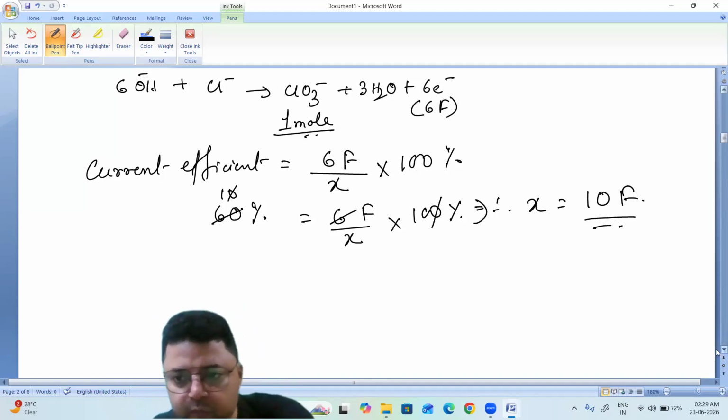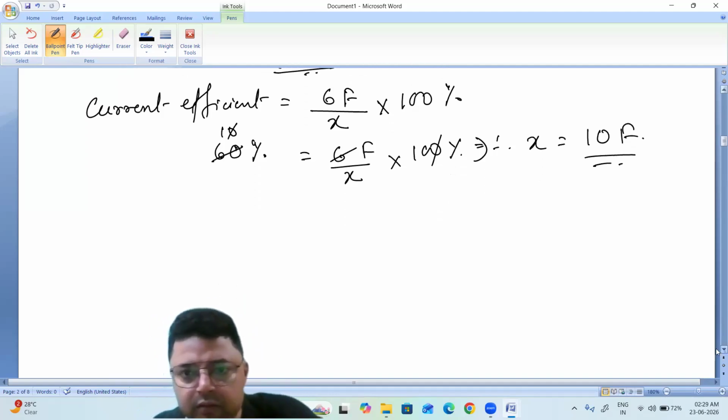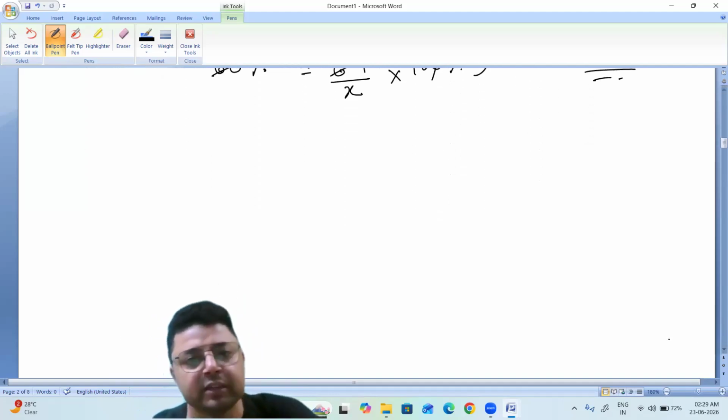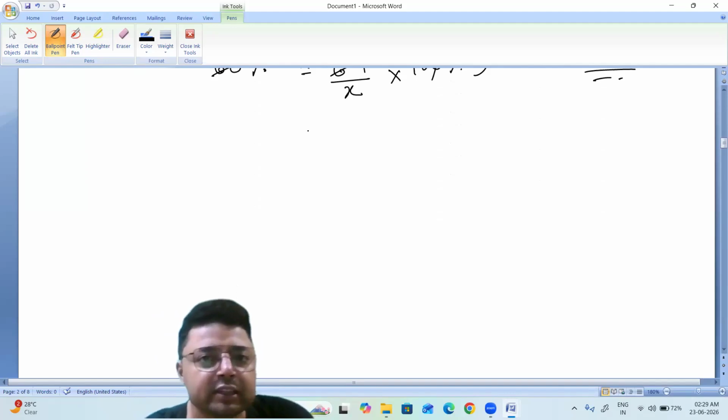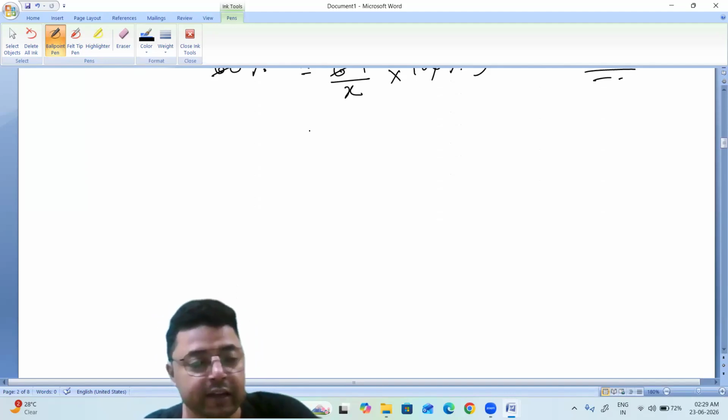Now, here the statement changes. From the equation, we saw that 6 Faradays of electricity, 6 Faradays of charge, was required.